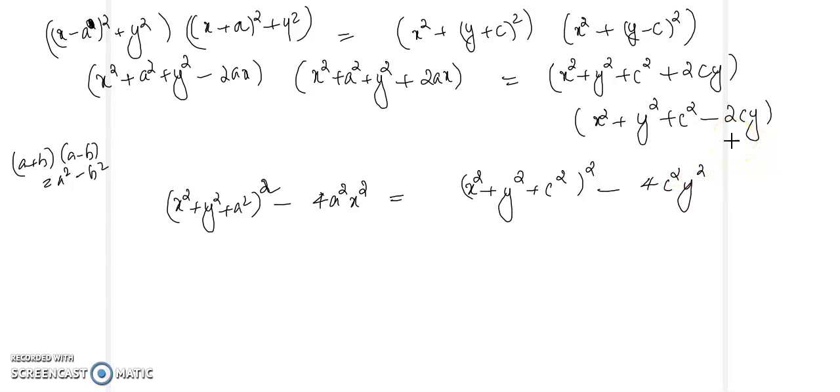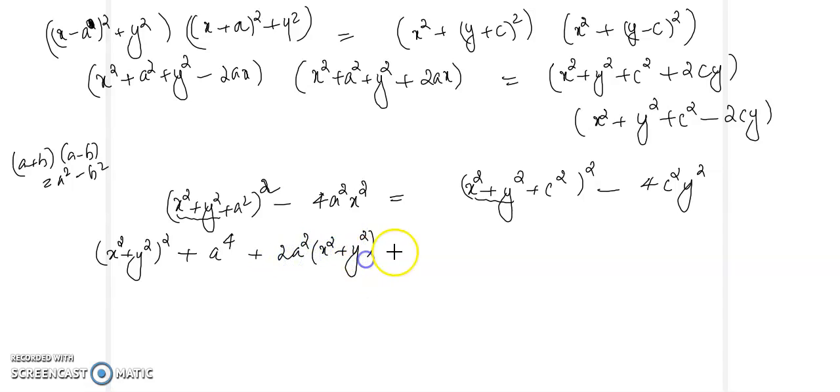Now let me expand this in the form (a plus b) whole square. (x square plus y square plus a square), I am going to expand in the form (a plus b) whole square. So that will give (x square plus y square) whole square plus a raised to 4 plus 2a square (x square plus y square) minus 4a square x square.